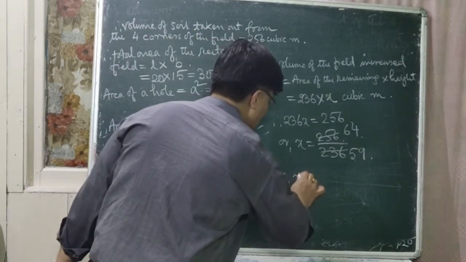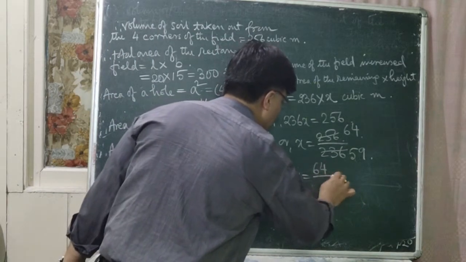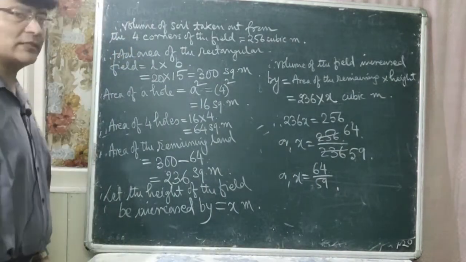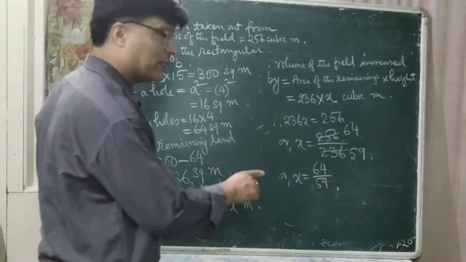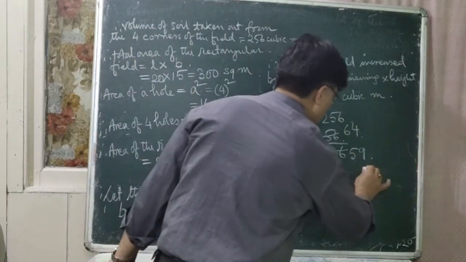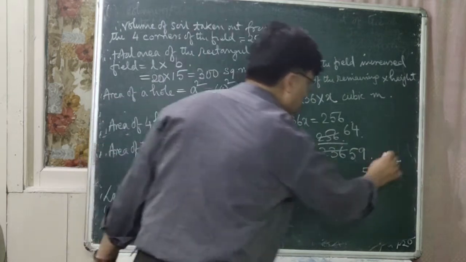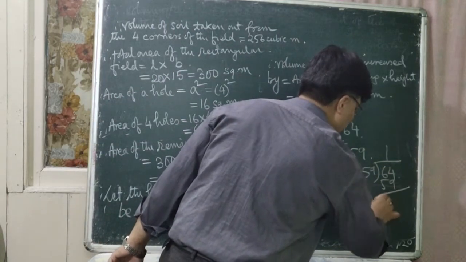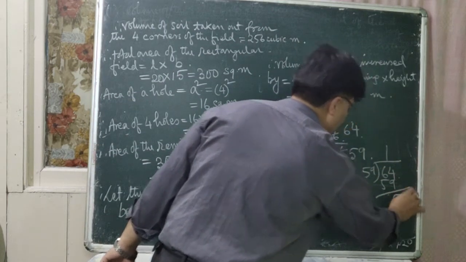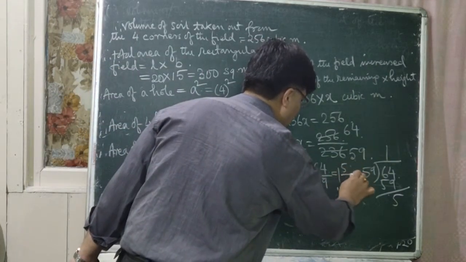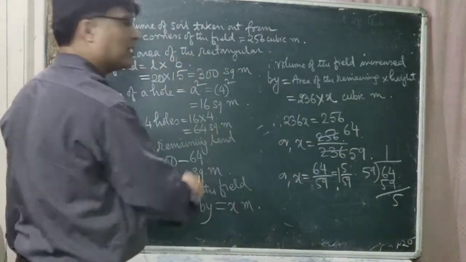So x is equal to 64 divided by 59. I think you have understood it. Okay, so now you can write it in terms of mixed fraction. That is 64 लाई 59 ले divide गर्नु. 59 ones are 59, so 64 minus 59 is 5. So it is 1 5 by 59. So this is the answer.